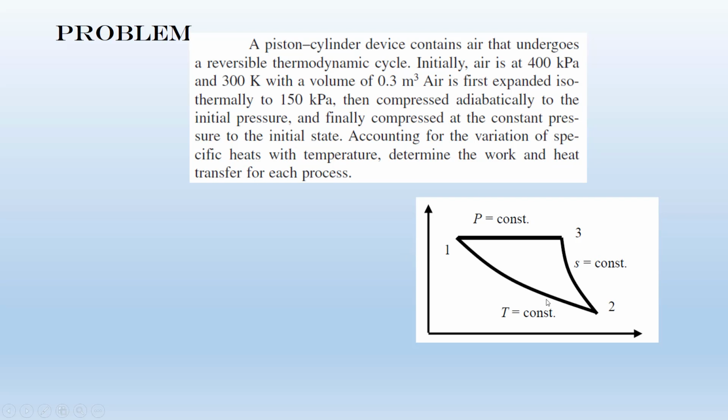So this is a piston cylinder device. So it's a closed device, or closed system. What we need to do, we need to write the energy balance. The energy balance for this closed system is Q net minus W net equals m delta U. So let's start from the first process, 1 to 2, and then calculate both work and heat.